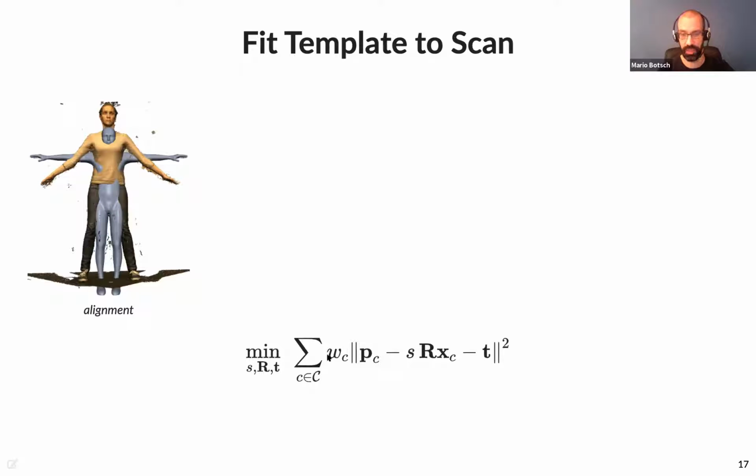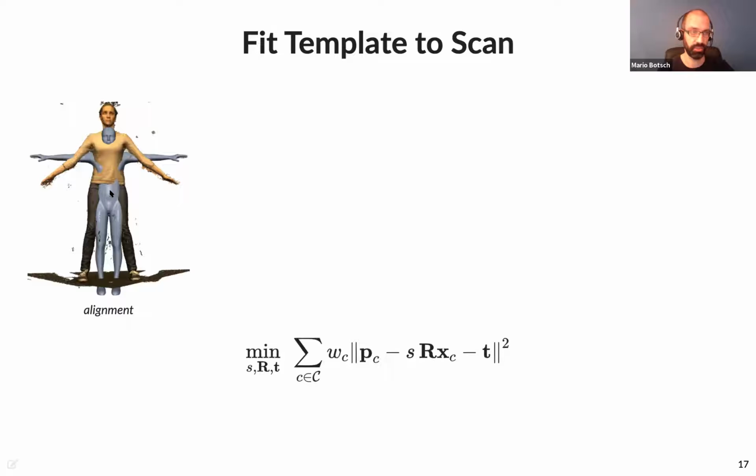They might be weighted, so if the user manually prescribes some landmarks, those get a higher weight than closest point correspondences that we automatically compute. And now we optimize scale, rotation, translation to transform the template to the scan, and the optimal solution you see already here.